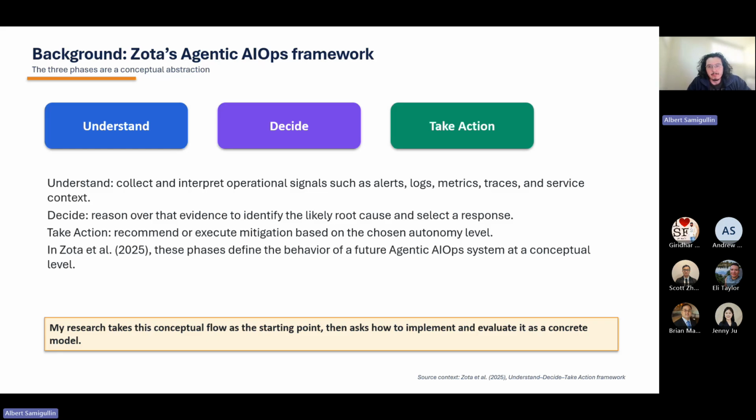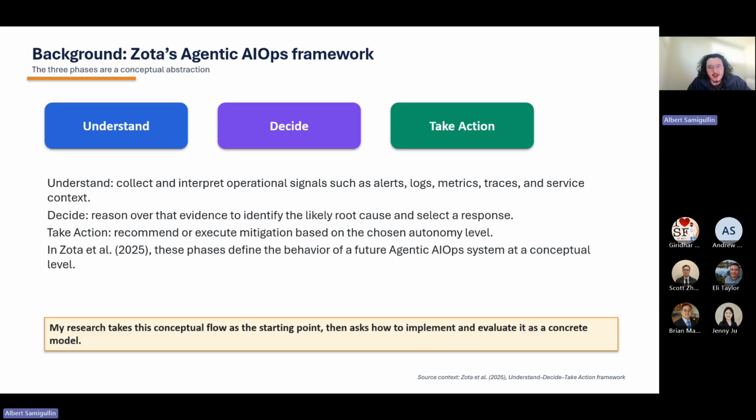And as I mentioned previously, we have an existing framework, which was published by Zoda and colleagues. It consists of three blocks: understand, decide, and take action, as you can see on the slide.